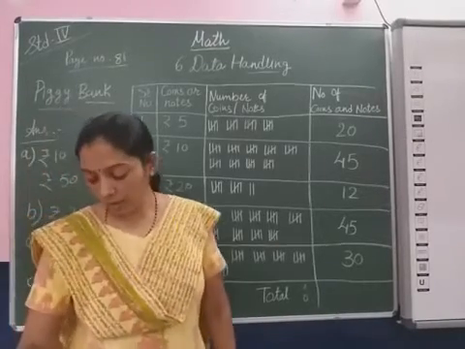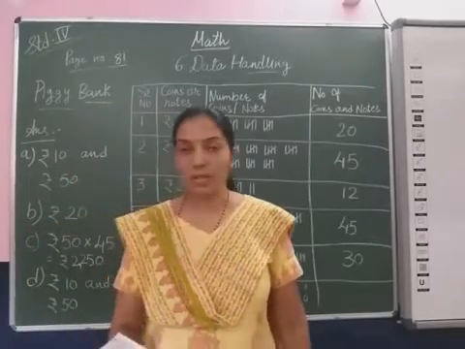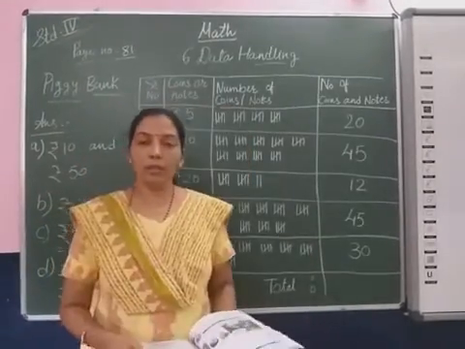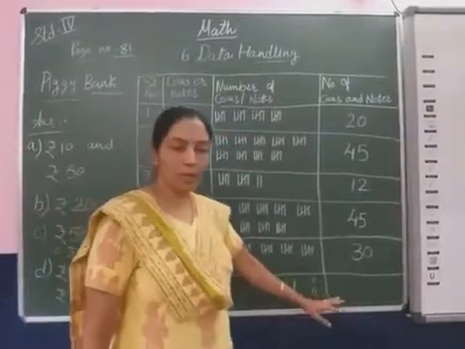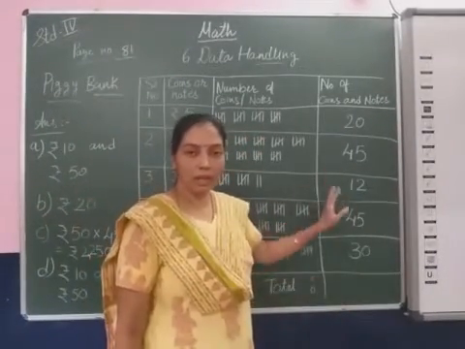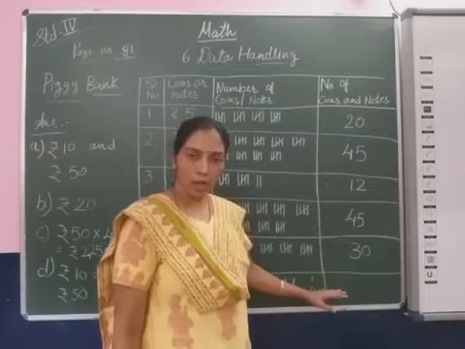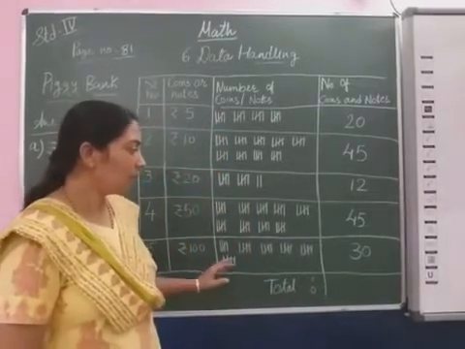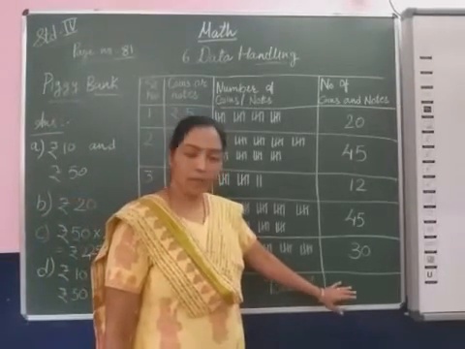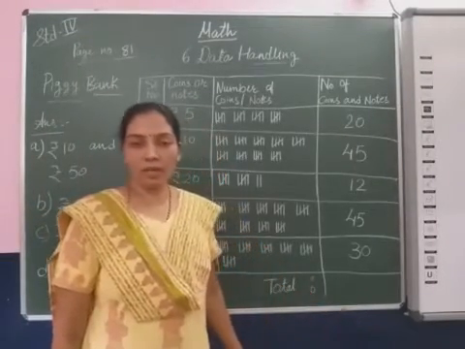What is the total number of coins or notes he has? The total number of coins or notes he saved. So here we are counting the number of coins or notes. That means the amount is not asked in this question.